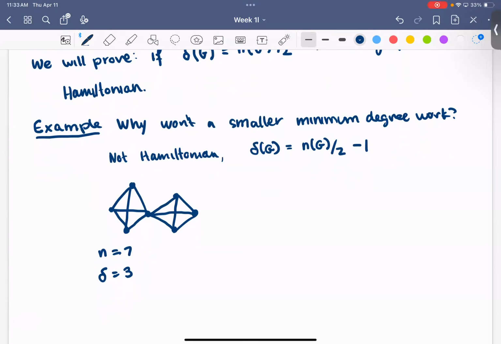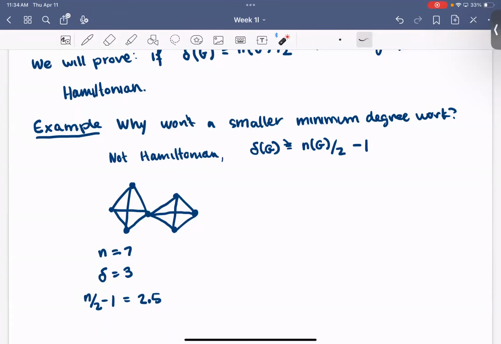It has a cut vertex. But n over 2 minus 1 is equal to 2.5. So in this case, delta of G is greater than or equal to n over 2 minus 1, but it's not Hamiltonian.